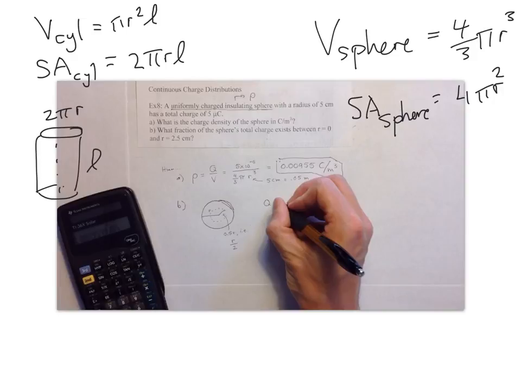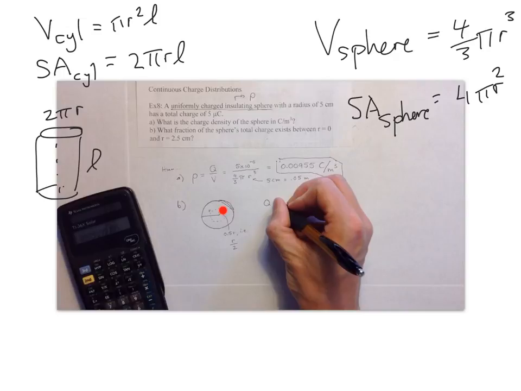Okay, the second part of that question wants to know the fraction of the sphere's total charge that exists within a particular radius. That's a question that's maybe not important in itself, but it demonstrates the use of a few different formulas and also a use for density. If we're talking about the whole sphere versus just part of the sphere, all parts of it have the same charge density because it says it's uniformly charged.